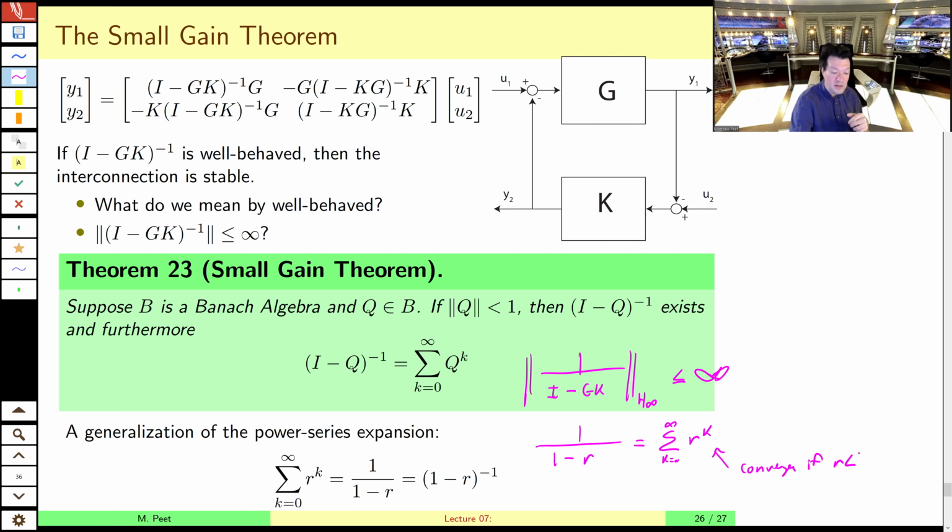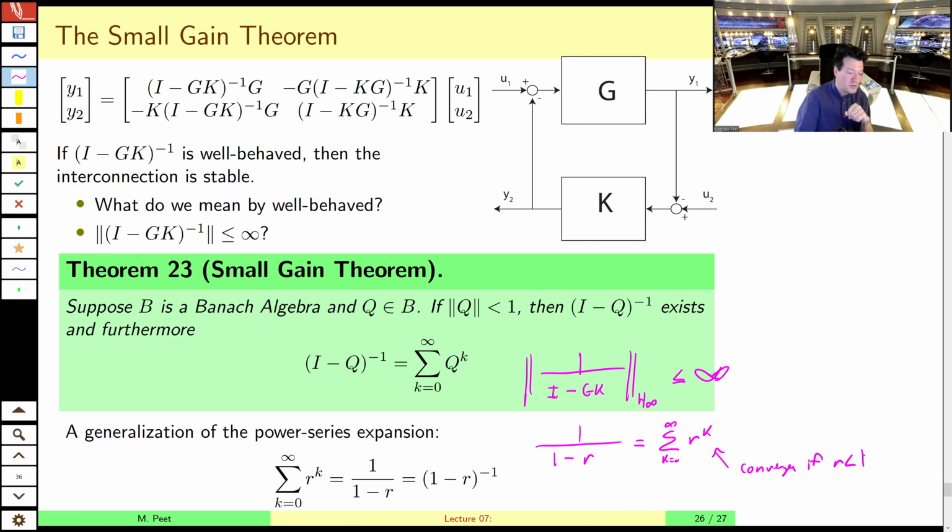And then, does this hold for systems? Well, it turns out because we defined our norms rigorously and we defined convergence and we have a Banach space, convergence in norms implies convergence to an element of that space. And so the answer is yes.